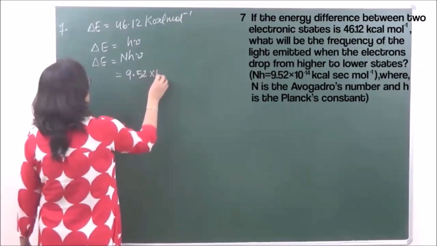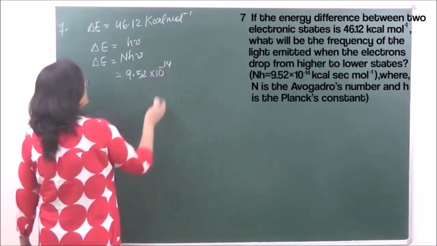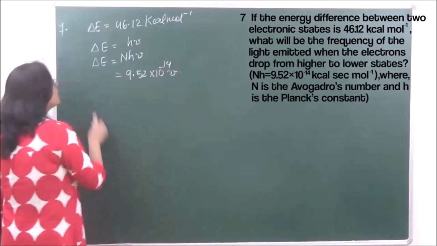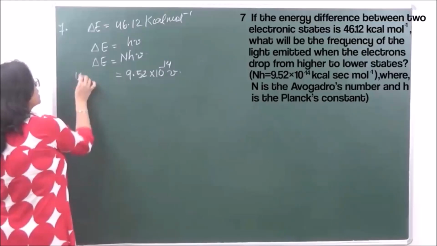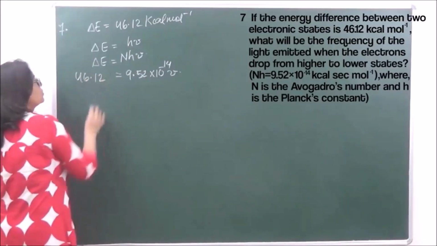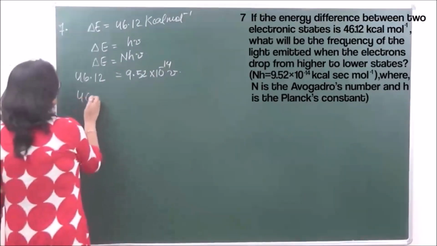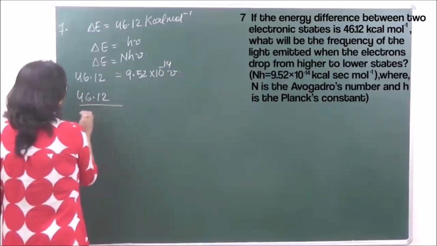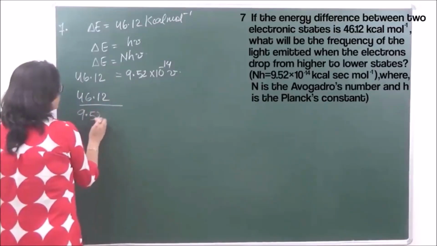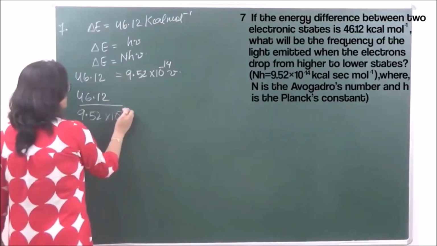9.52 into 10 raised to power minus 14 nu, and the value of delta E is 46.12. Now you have to calculate the value of nu, so nu will become equal to 46.12 divided by 9.52 into 10 raised to power minus 14.